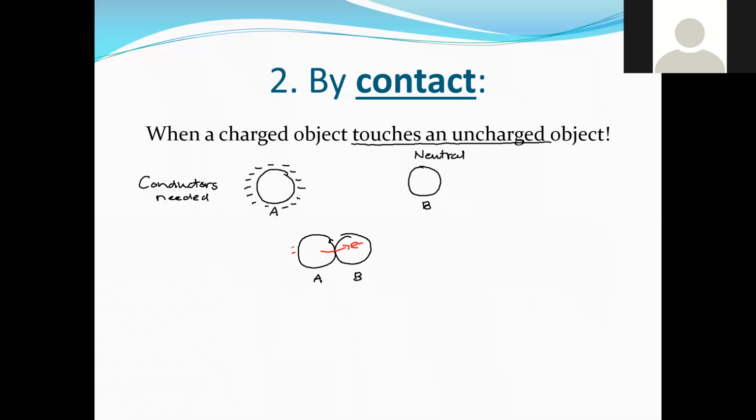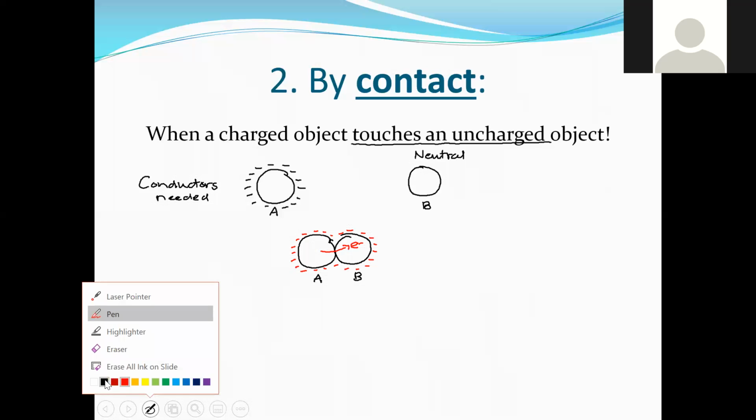And what actually happens is that these electrons spread evenly out over the two objects. So when you separate them, that total charge splits in half. But today's lesson is just about the charging of an object by making contact with another object.